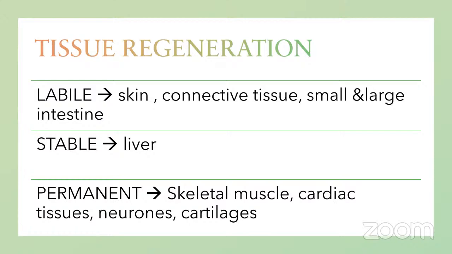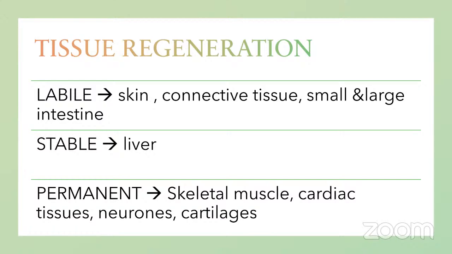First, if we look at labile tissue, I've given a few examples. Skin is one of the labile tissues. Then connective tissues are there. Small and large intestines are there. One thing these three tissue groups have in common is stem cells. I hope all of you have heard about stem cells. Stem cells are groups of cells that help in regeneration.